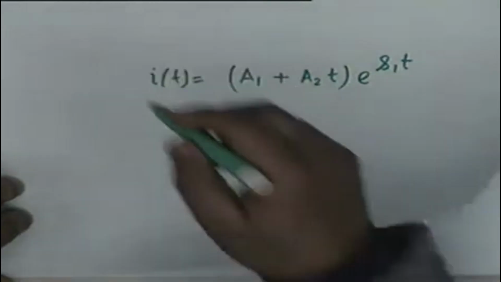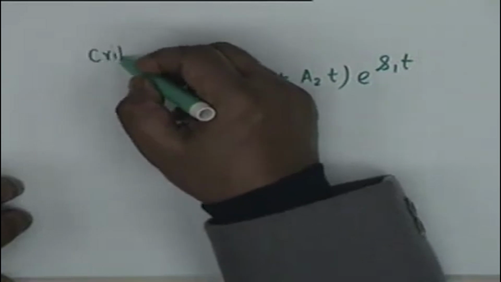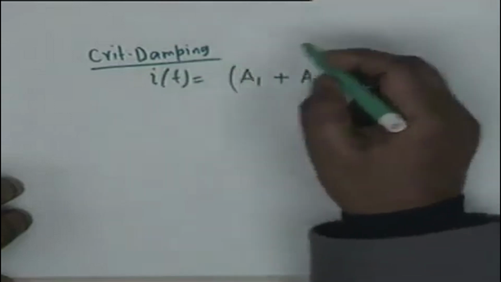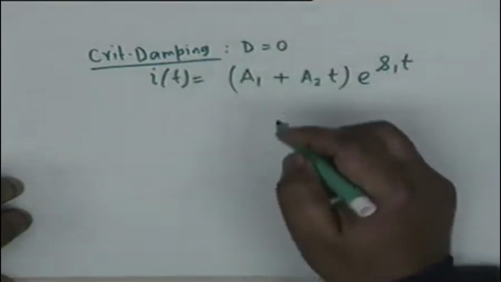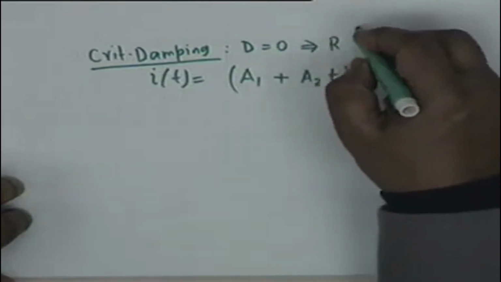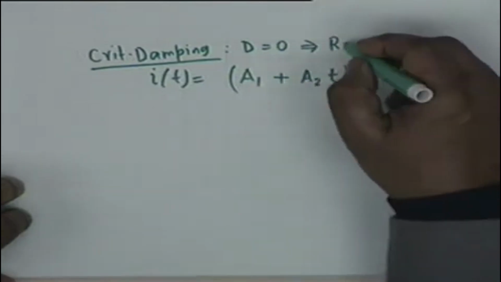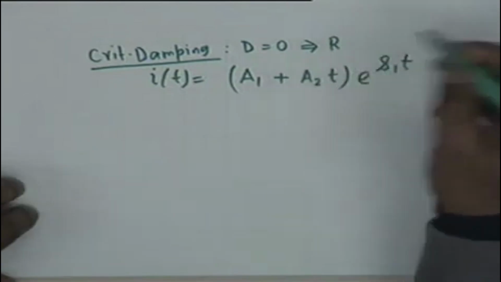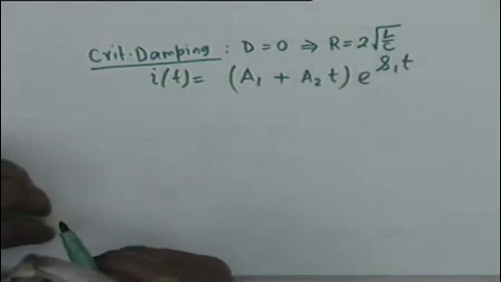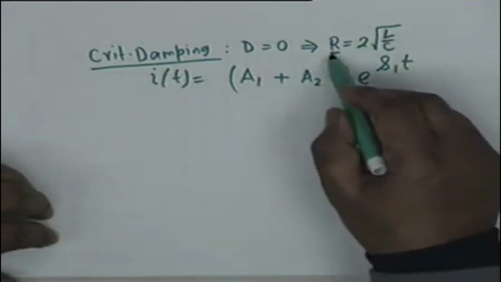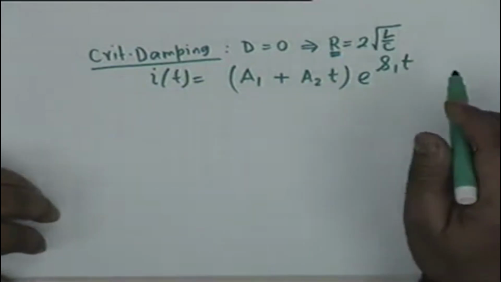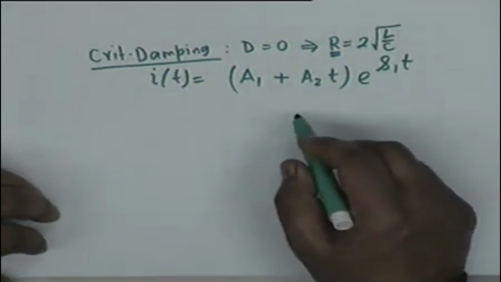This is the case for critical damping, that is capital D equal to 0, which means that R squared by 4L squared equals 1 over LC, so R would be equal to twice square root of L by C. Is that correct? Alright. So this value of resistance is called the critical value of resistance, R critical, and under this condition this will be the general solution.